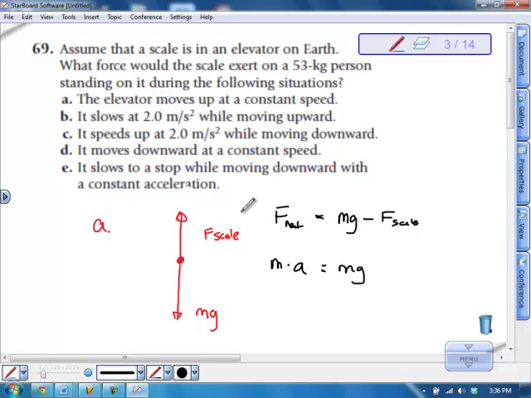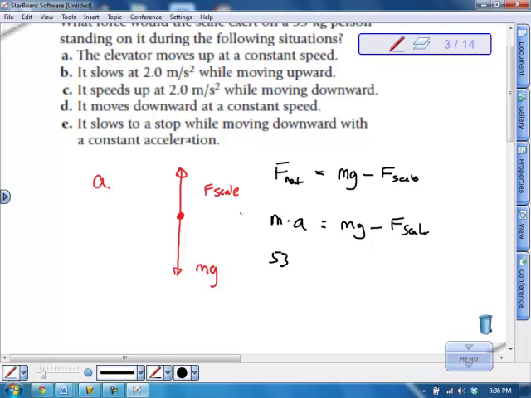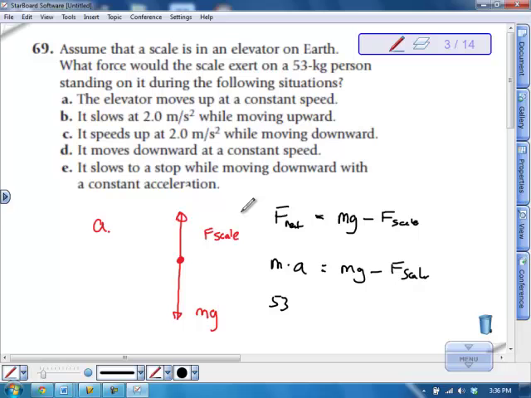And I'll start plugging in values here as well. So we have the mass is 53 kilograms. And it asks for what force would the scale exert. So what we're looking for is that value right there. All right, and it says it slows down at 2 meters per second squared.